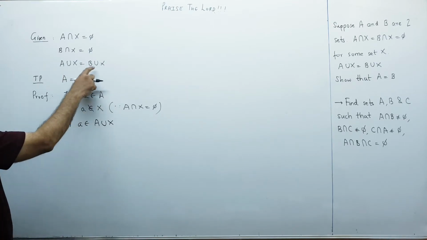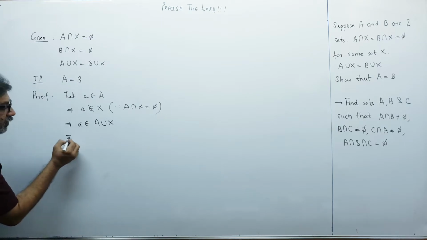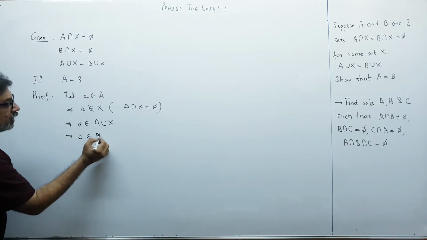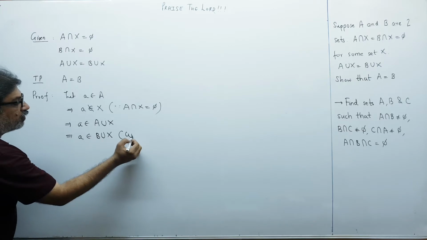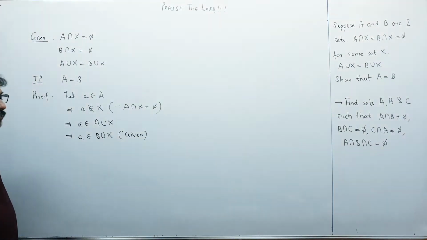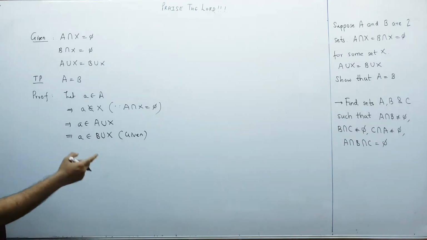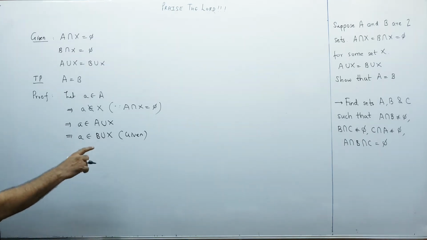Now A union X is same as B union X, so that means a belongs to B union X because of the given condition. We write like this. So when a belongs to B union X, that means it can be either in B or in X. It is not necessary it will be present in both.